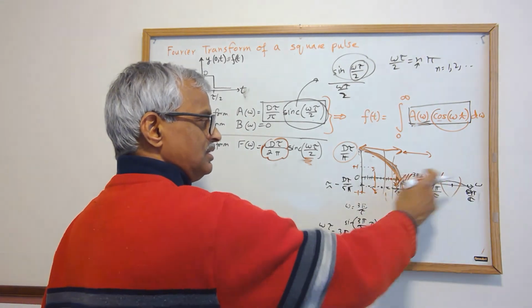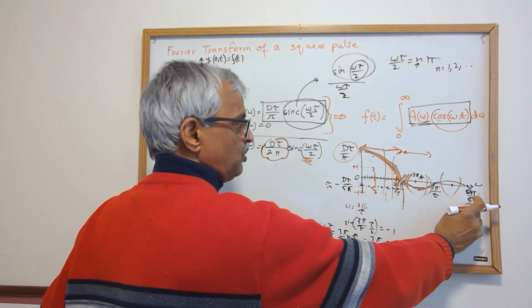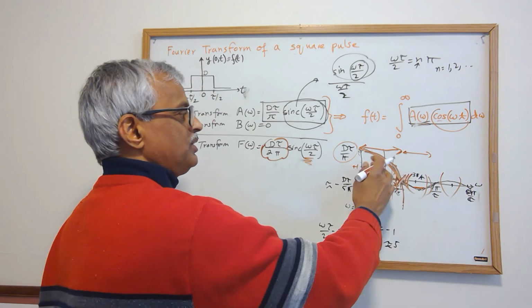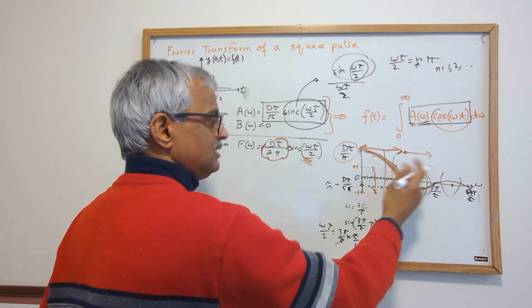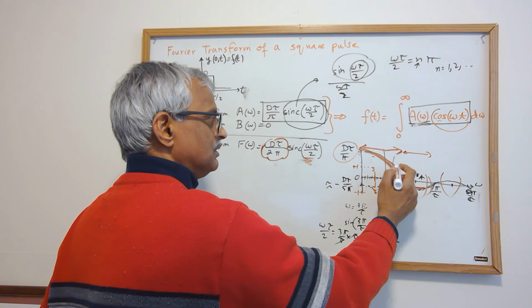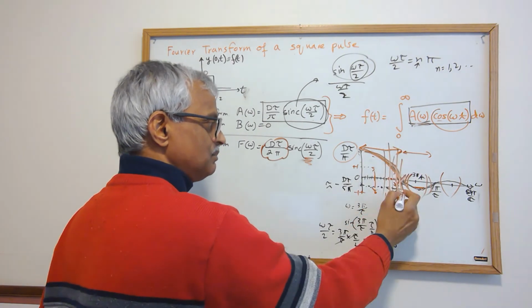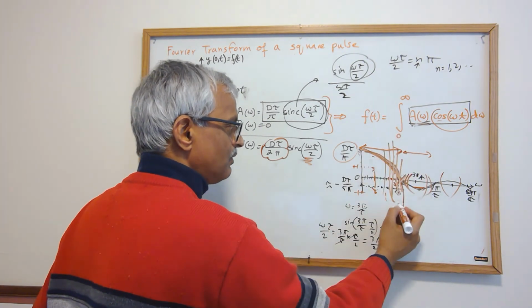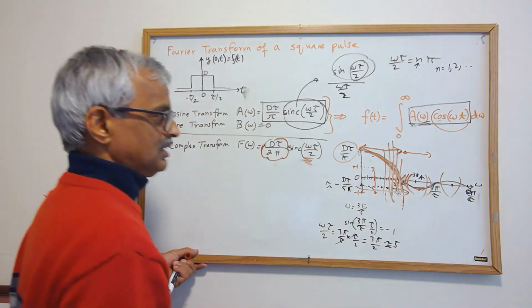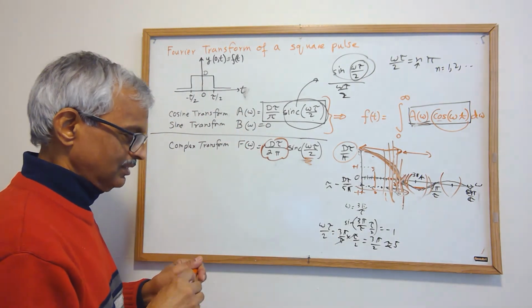So these get progressively smaller, and we can define a time, maybe here or here or here, some omega to cut off at. Beyond that, I'm not interested. I want to capture the main effect.